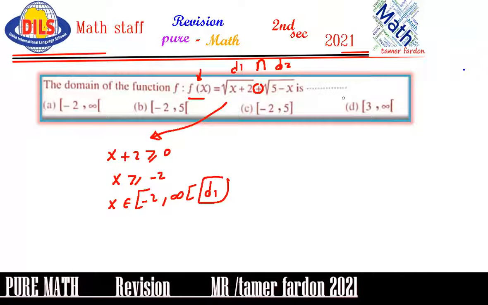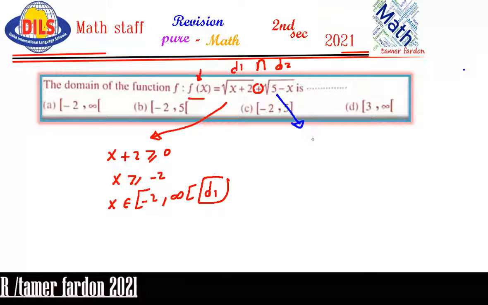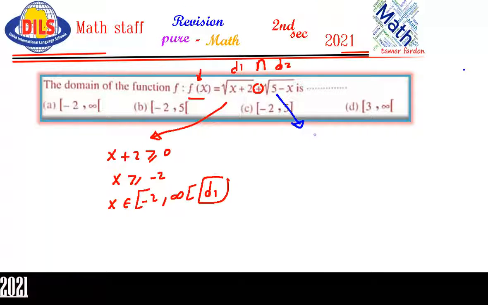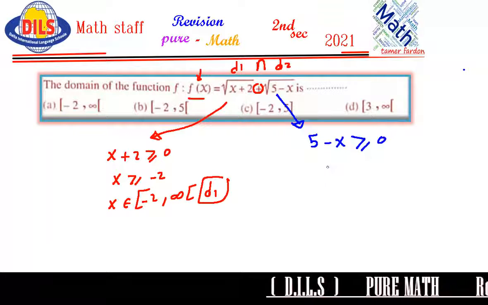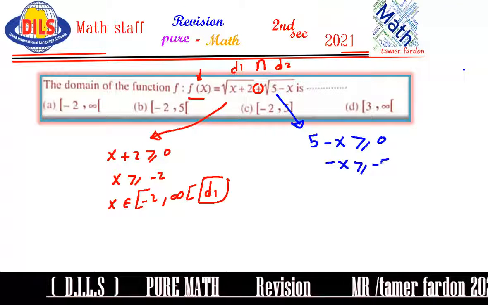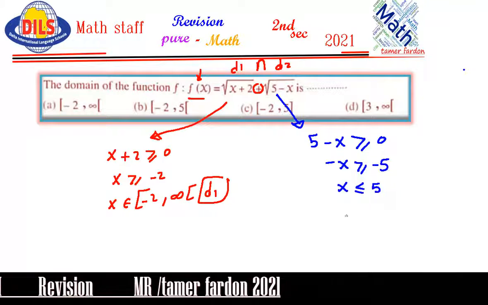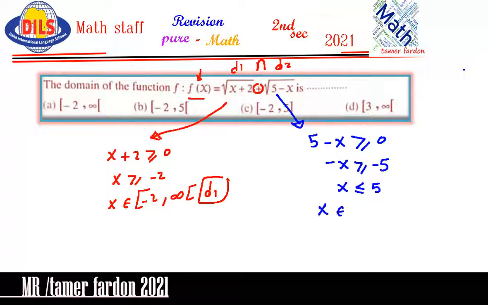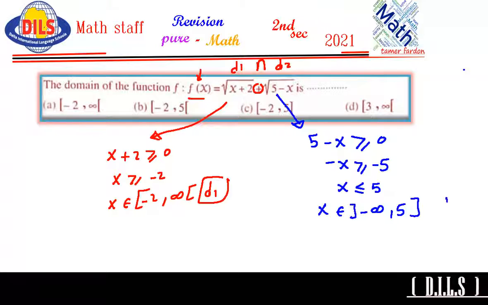The second function, root 5 minus x, is also defined only when 5 minus x is greater than or equal to 0. So negative x is greater than or equal to negative 5, so x is less than or equal to 5. So x belongs to (negative infinity, 5], which is d2.